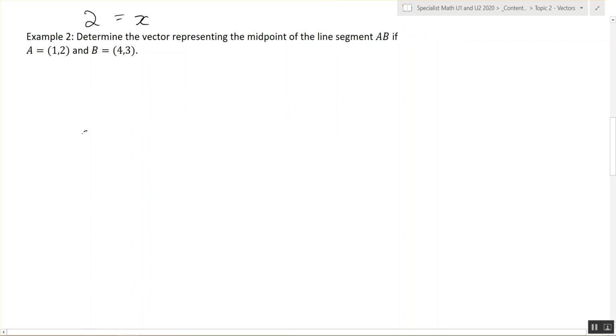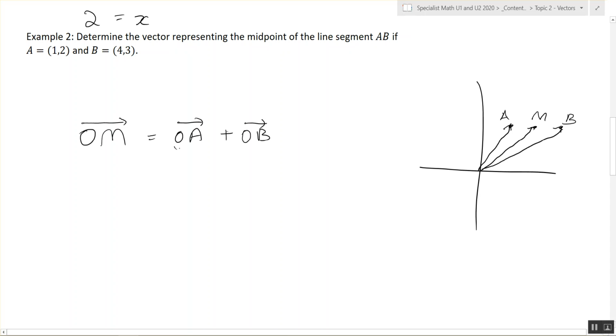Okay, so we know a midpoint, OM, if we have, say, A is there, B is there, and we have the midpoint M, we know it's divided by 2. OA is just 1i plus 2j.